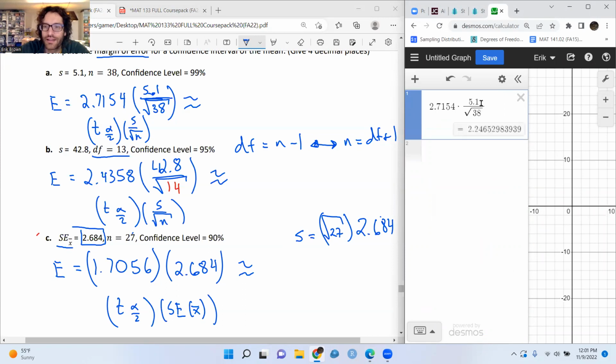Okay, so if you want me to go ahead and type in all the numbers and get the calculator result, this is what I get from my calculator.